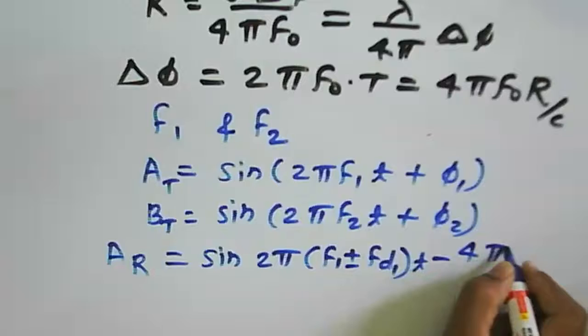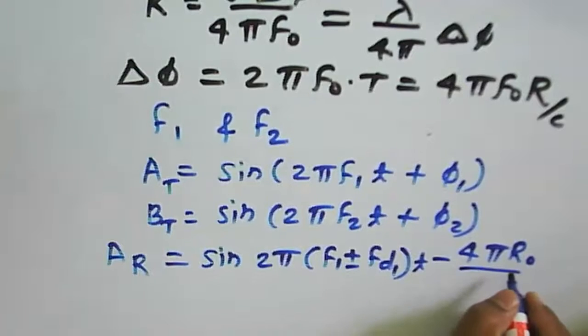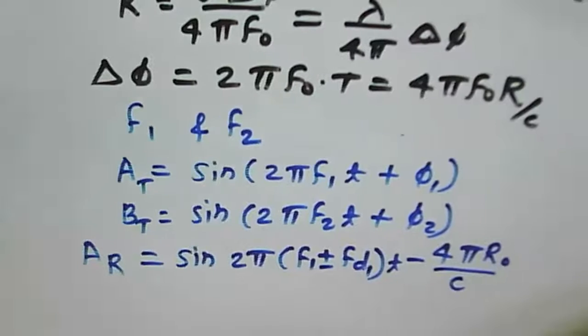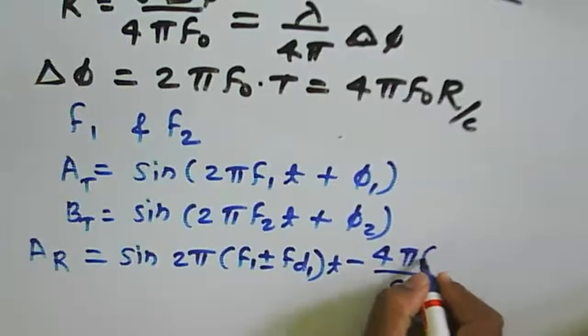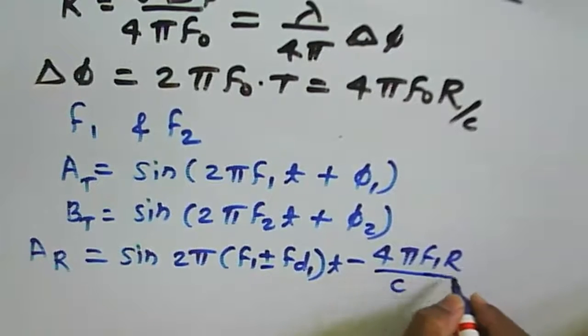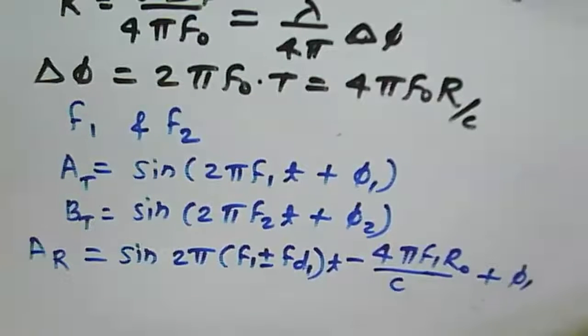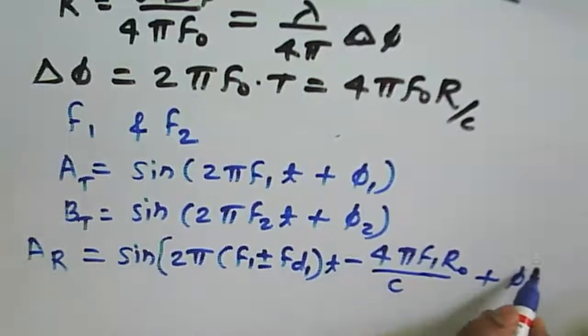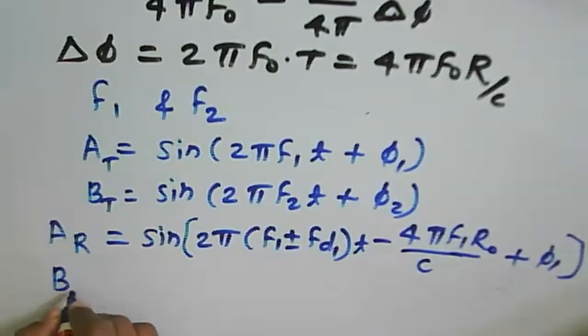The phase term is 4 pi, considering a range R0, because the object is fixed. Because we are sending two signals, it is twice pi f1 R0 plus whatever the phase is. This is for signal 1. Then signal 2, signal B, we have received.